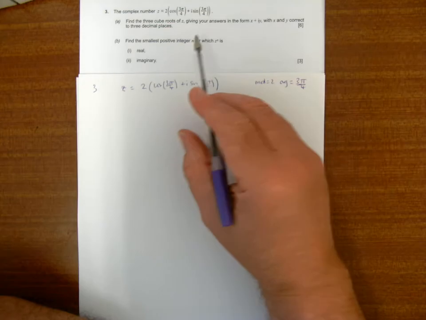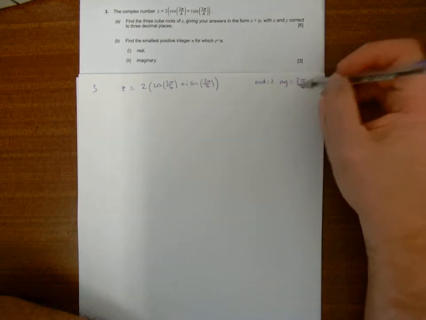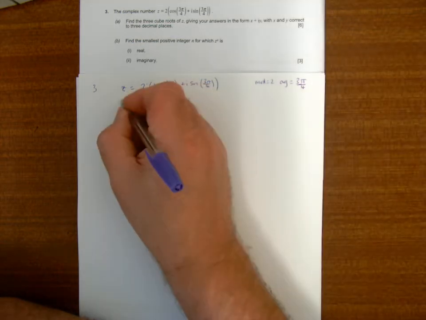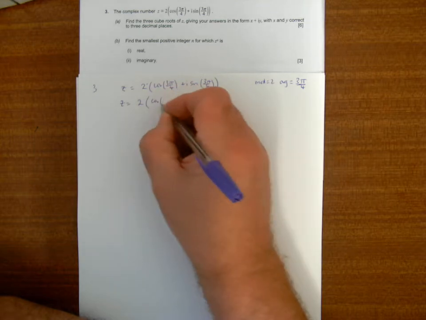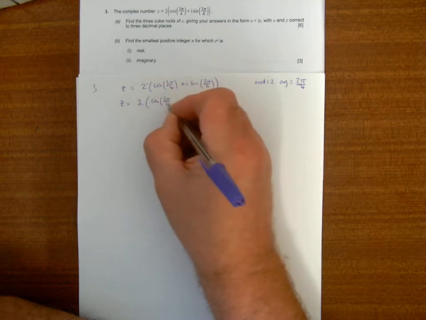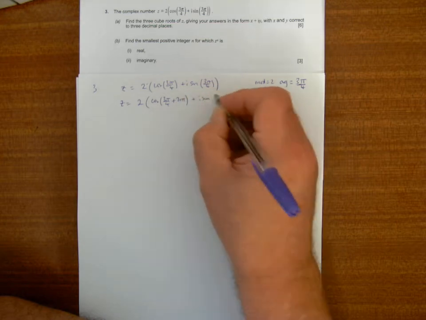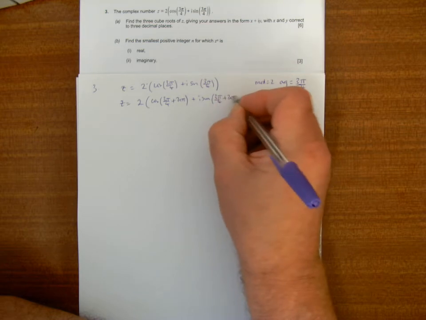But when I want to find the cube roots, I'm going to have to go round more than one cycle. So every time I do a cycle, I'm adding on 2 pi. So I need to rewrite this as 2 cos of 3 pi by 4 plus 2n pi plus i sine of 3 pi by 4 plus 2n pi.